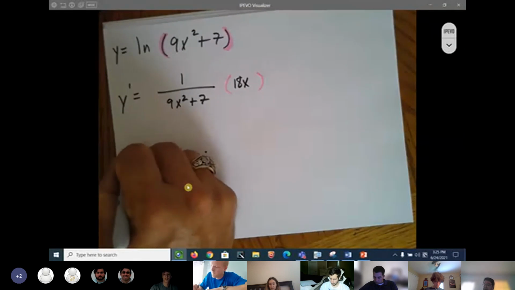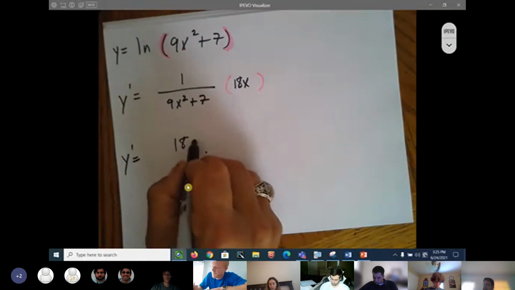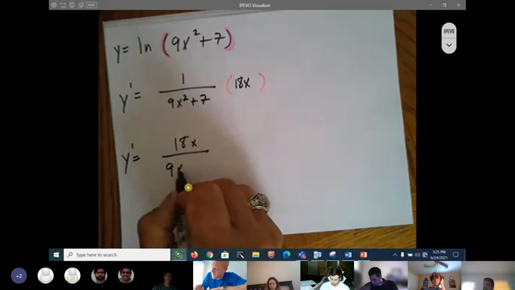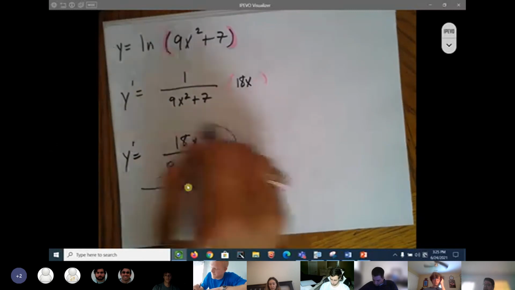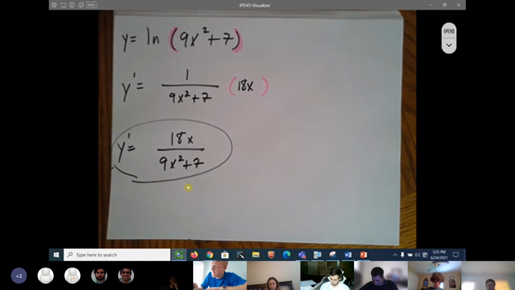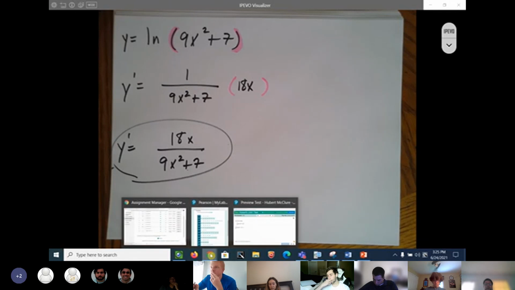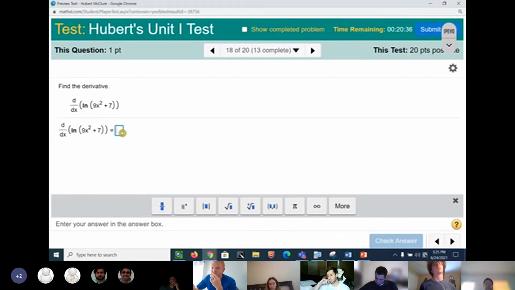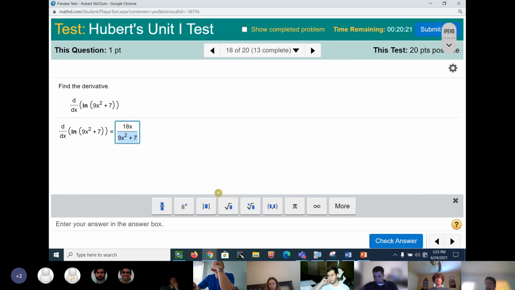And y prime is equal to 18x over 9x squared plus 7.